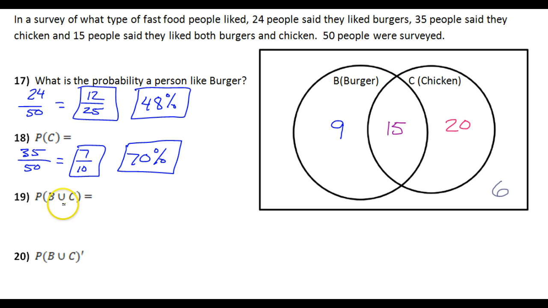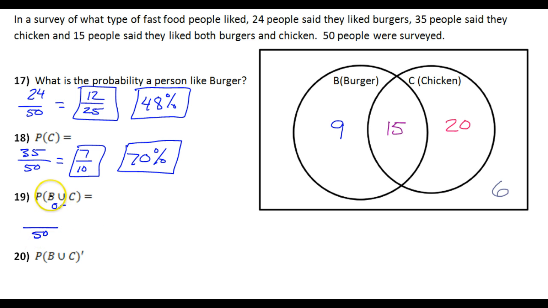When we look at number 19, this says the probability of liking a burger or liking chicken. When we do "or" like this, it means we're going to consider all of both categories. So we're doing probability, so it's still going to be target over total, the total being 50.